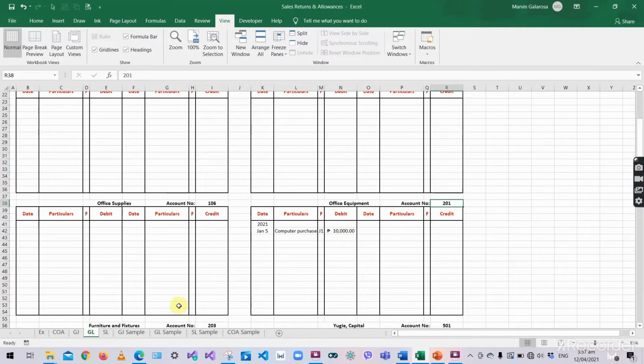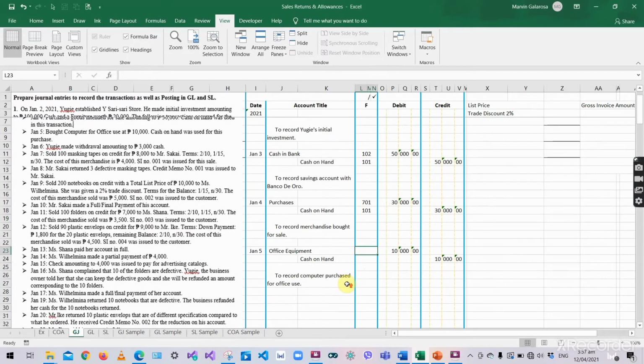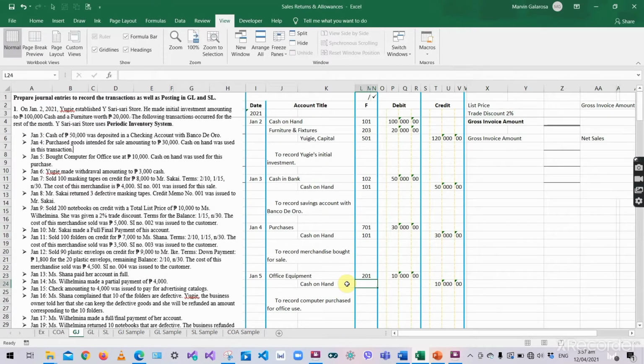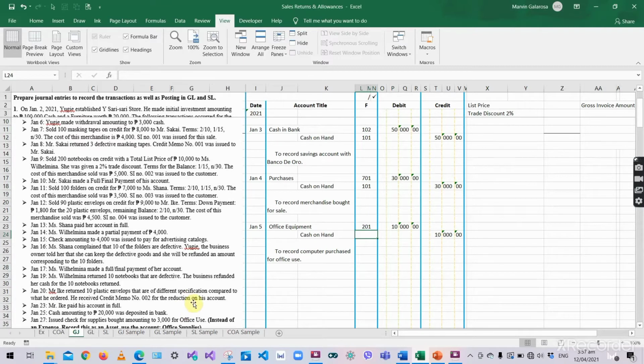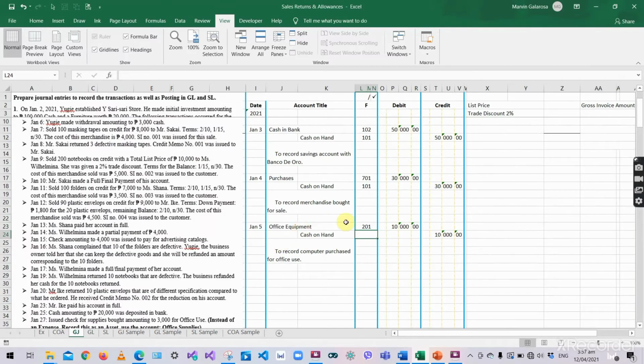Account number niya is 201. Sa folio ng general journal, lagay natin 201. Then, cash on hand, credit na 10,000. January 5. Computer purchase. J1, 10,000. Account number 101.